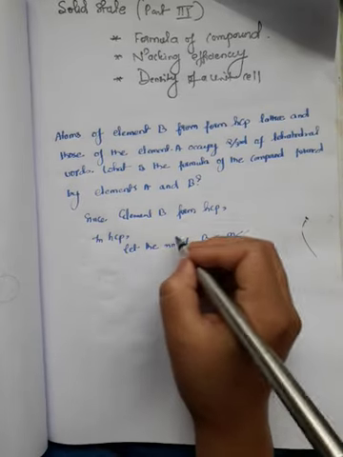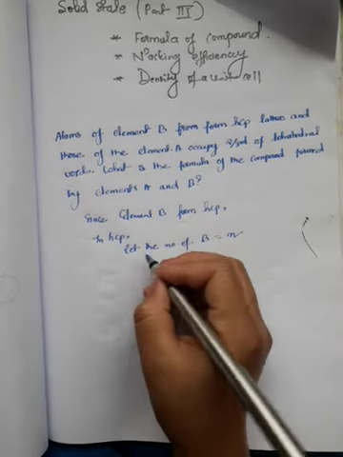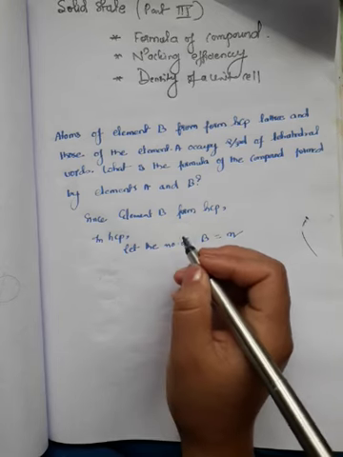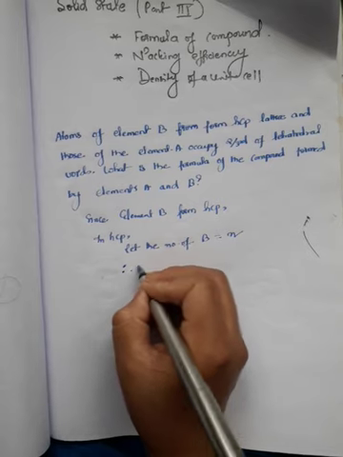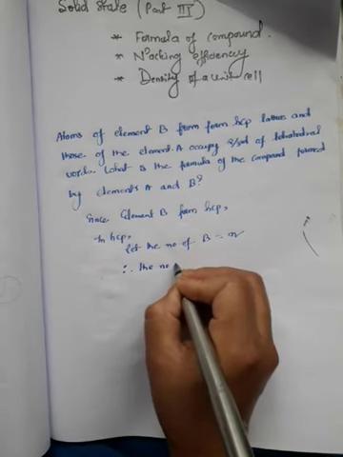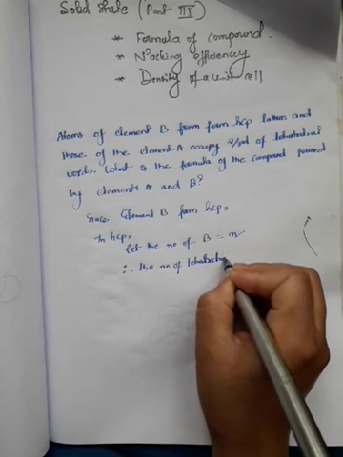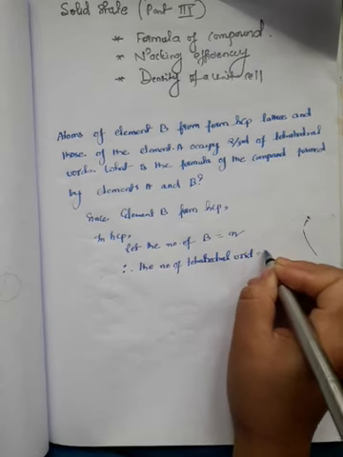let the number of B be n. In HCP or CCP, if the number of particles is n, then the octahedral voids are n, and the tetrahedral voids are double, 2n, right? So the number of tetrahedral voids is equal to 2n.